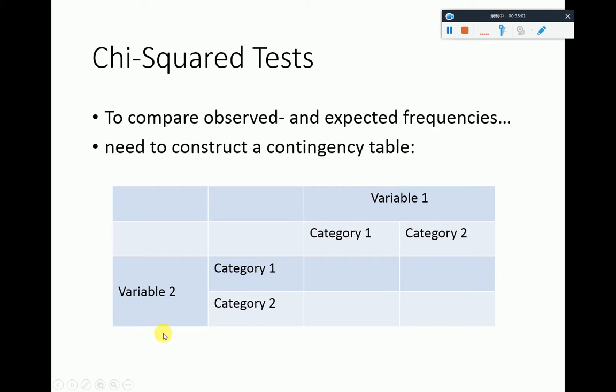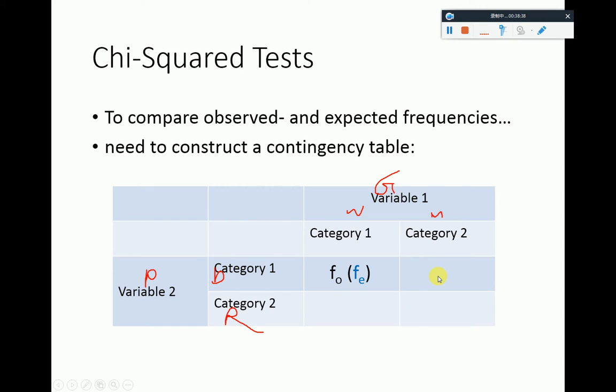So imagine this is gender, so we have women and men. This is party affiliation, so we have Democrats and Republicans. For each cell, for Democratic women or female Democrats, we can have two values. FO, as we said before, is the observed frequency. That's what we see from our data. We can count from our data how many, in this case, female Democrats there are.